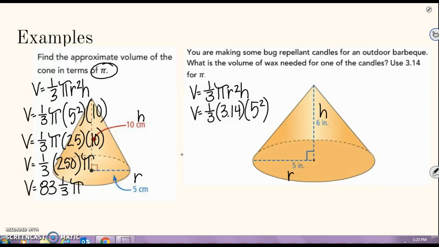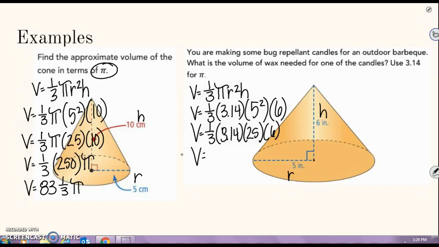So we have 5 squared, radius squared, times our height. 5 squared is 25 times 6. Now this time, what I'm going to do is just multiply 3.14 times 25 times 6, and then I'll divide by 3 in the end.